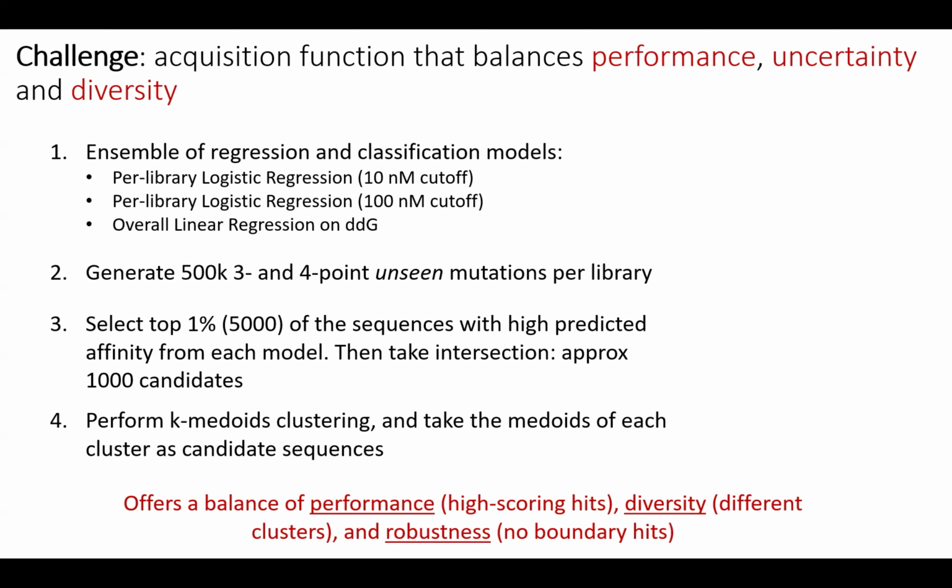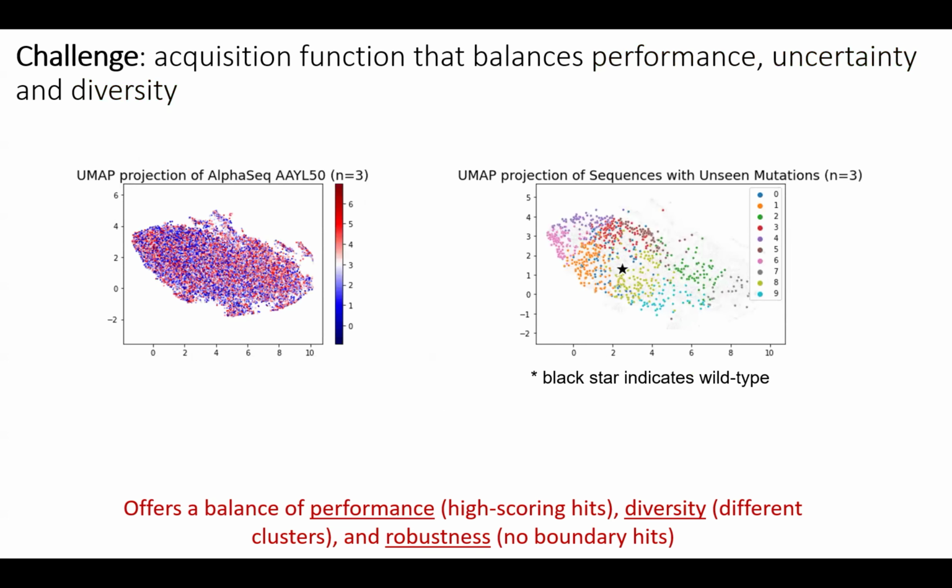You're picking diverse hits because you're picking individual clusters, and you're picking something that is robust because instead of picking something at the boundary, you're picking a central entity in the cluster. And so this is just an indicator from one of the libraries where the left-hand side is the scoring function. The right-hand side are the cluster colors from our top hits. In black star is the wild type.